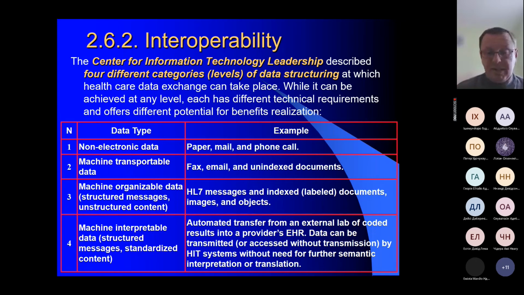With machine interpretable data, we talk about the ability to automatically process, extract, encode and decode, for example, those HL7 messages sent from one system to another without interaction with a human operator, which gives the ability to fill records in the target system with information obtained from the sender.